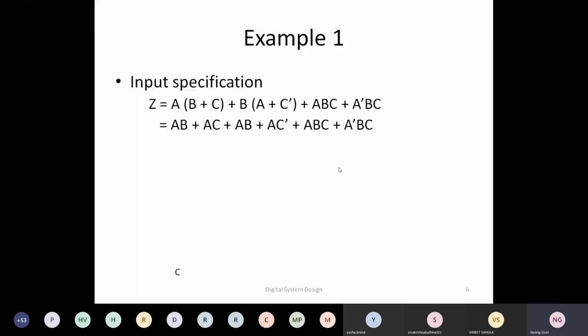Because every term will have all the 3 variables, for example, AB will become ABC plus ABC'. Similarly, AC will become ABC plus AB'C.